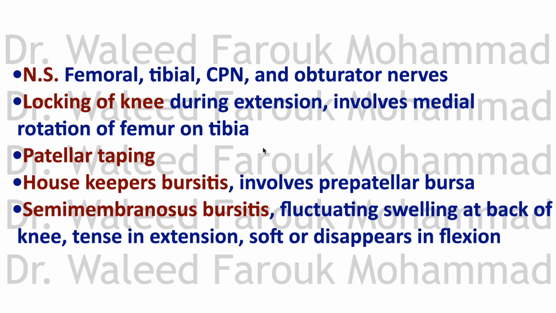Also, in locking and unlocking of the knee, when we extend the knee, the femur rotates medially on the tibia so that the ligaments will be at maximum tension. That's why you'll find the fibular collateral ligament directed downwards and backwards, and the medial collateral ligament directed downwards and forwards.